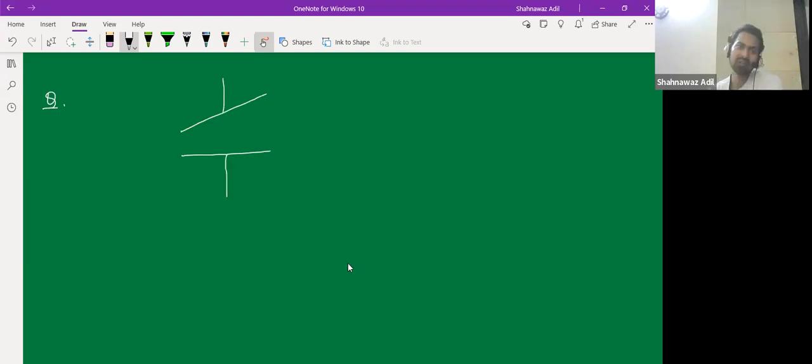Let's say this is tilted with some angle theta. This distance is same as this: this is y naught, and this is also y.